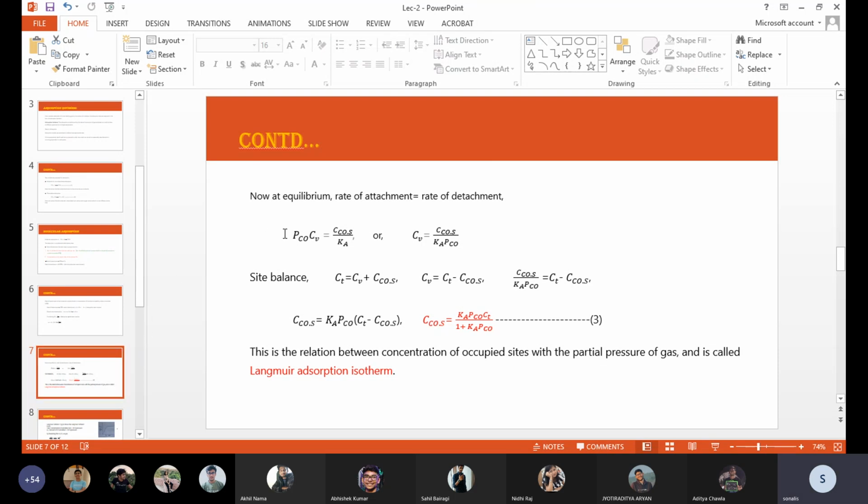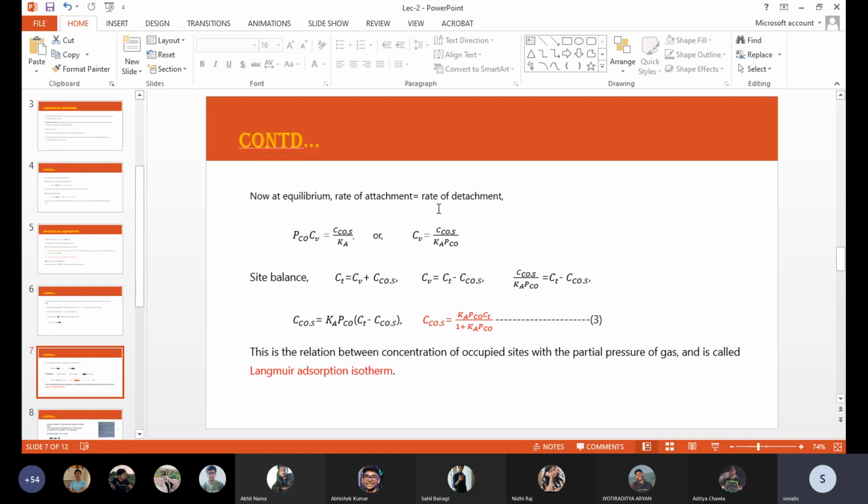Now at equilibrium, the rate of attachment is equal to the rate of detachment. After equilibrium sets in, there is no net change in the adsorption. So the rate of attachment is equal to the rate of detachment. But there is always a rate. Some attachment is always going on, some detachment is going on.